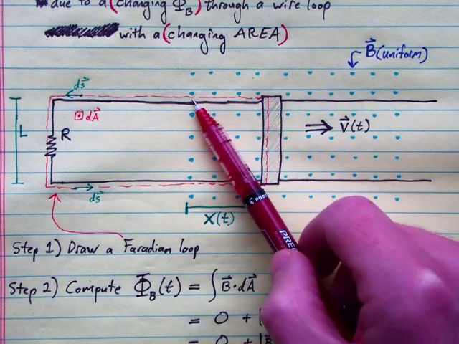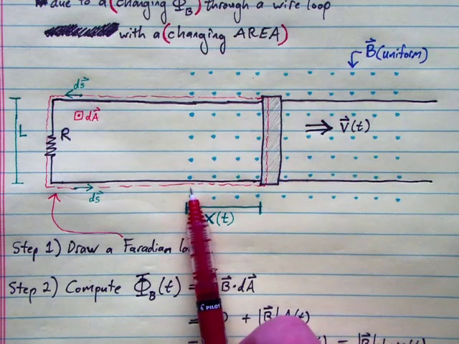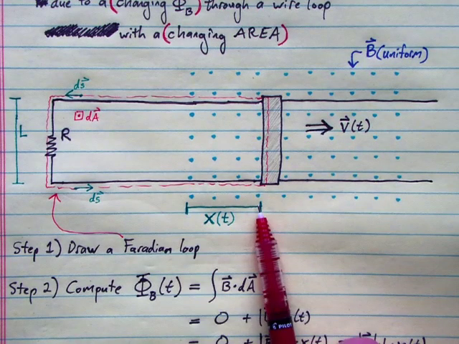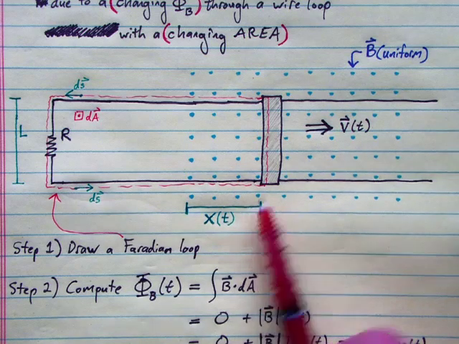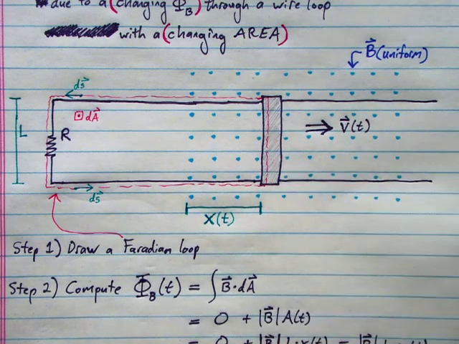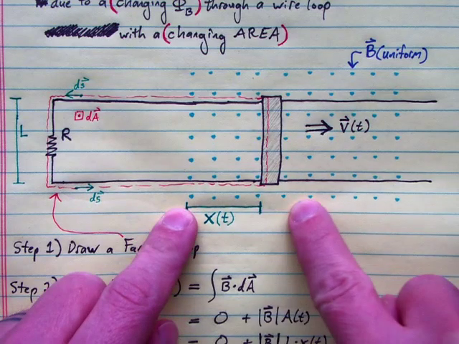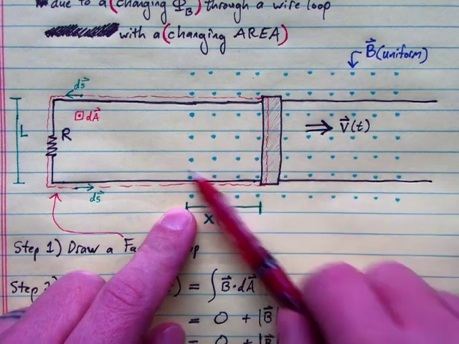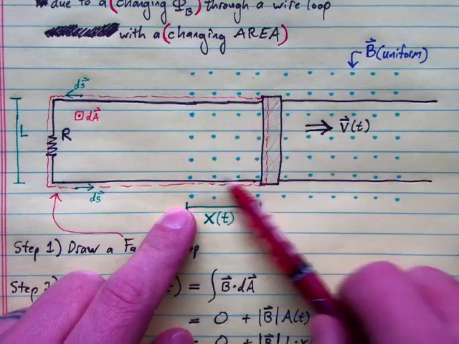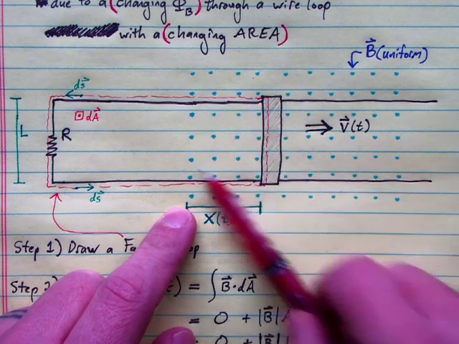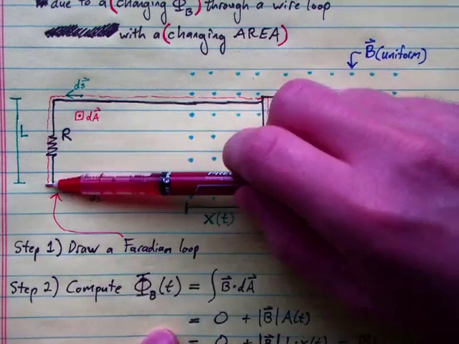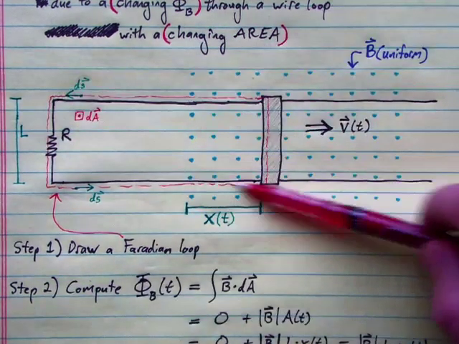So that area is this dimension, which we'll call x, which will be a function of time as our bar slides to the right. So as the bar slides, x will get longer and longer. There'll be a bigger and bigger region of our Amperian loop that's in the field. So x times the length L here will be the area of this rectangle.